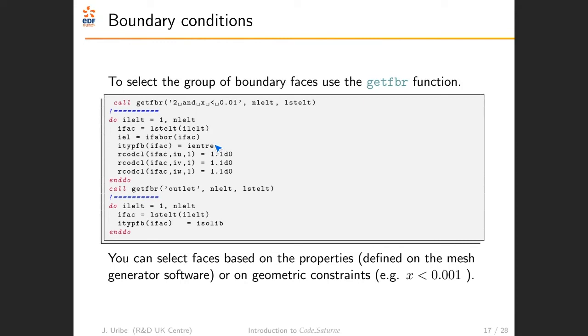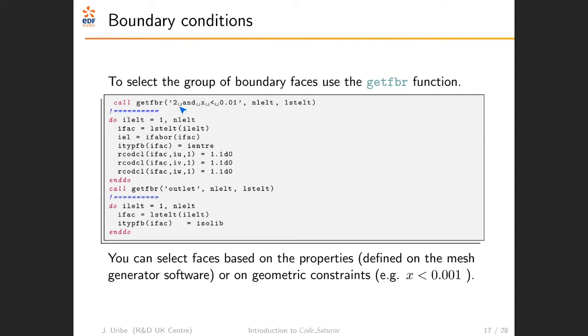But you can also use geometrical quantities. You can say X, Y, Z, or you can use tools like box or cylinder or plane to find boundary faces that are in a given part of the domain where you want to put that boundary.